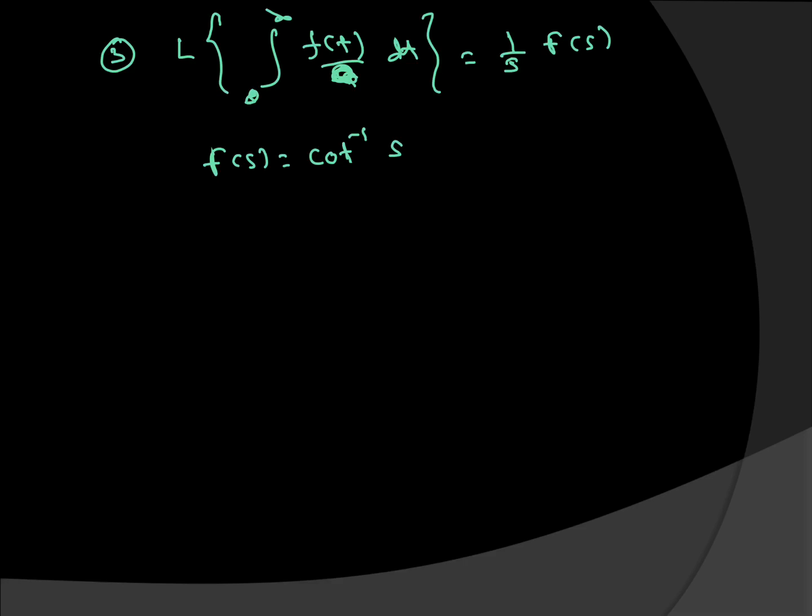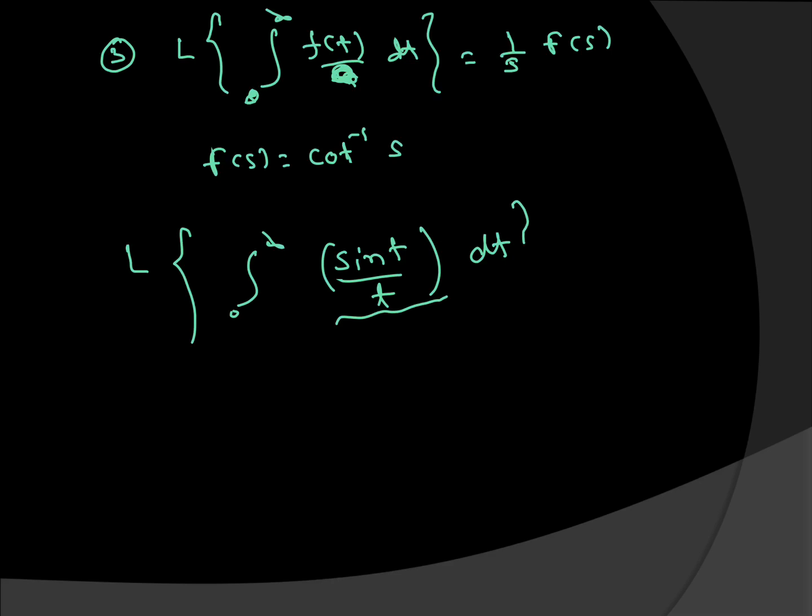So finally our term is 0 to infinity sin t divided by t dt. Current f of t is this one. Then 1 by s into f of s is cot inverse s.